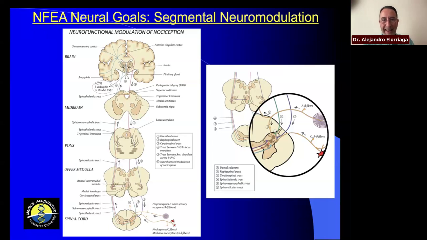And that was the end of speculation about the scientific nature of acupuncture, because it demonstrated that there was a neurochemical process involved.